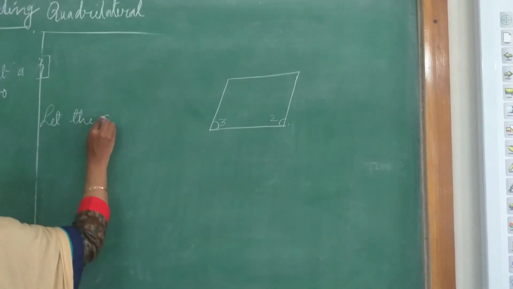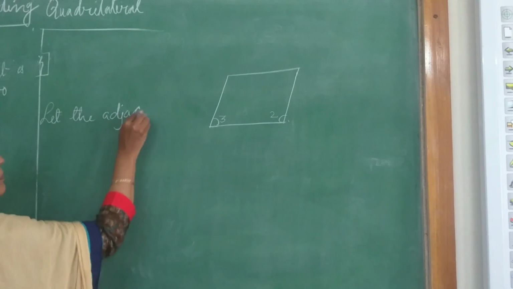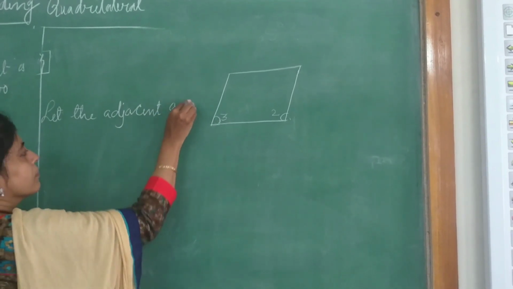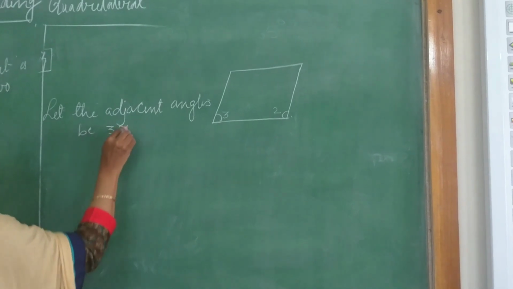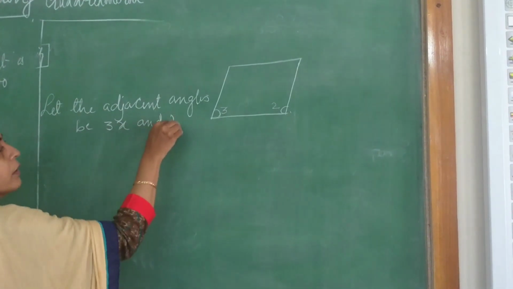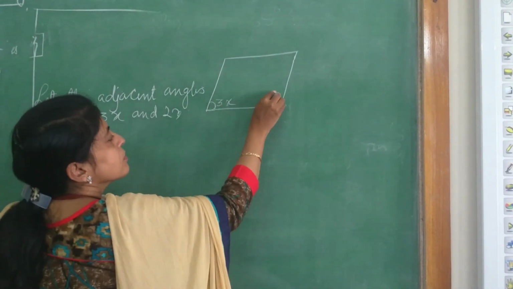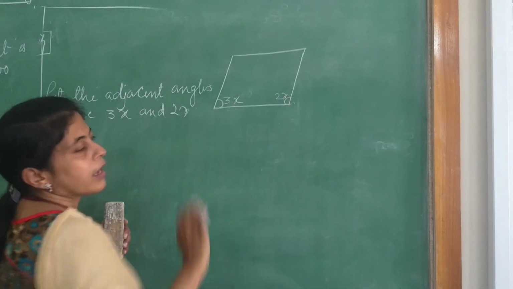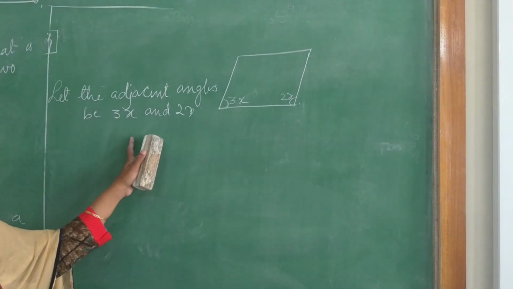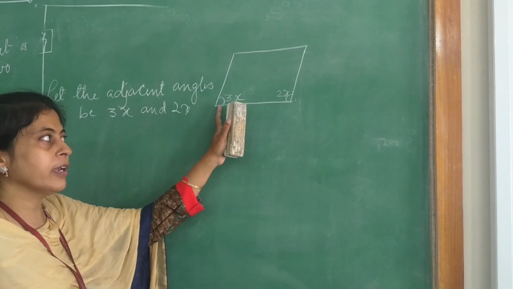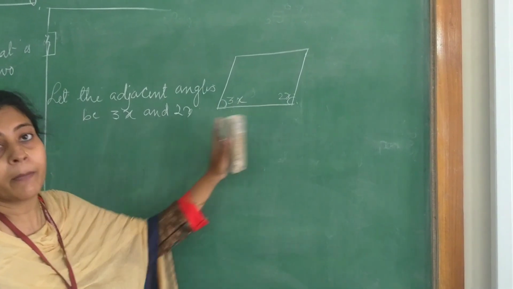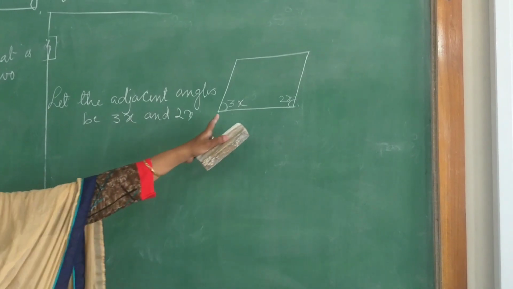So let the adjacent angles be 3x and 2x. As we know the property related to adjacent angles, adjacent angles of a parallelogram are always supplementary.